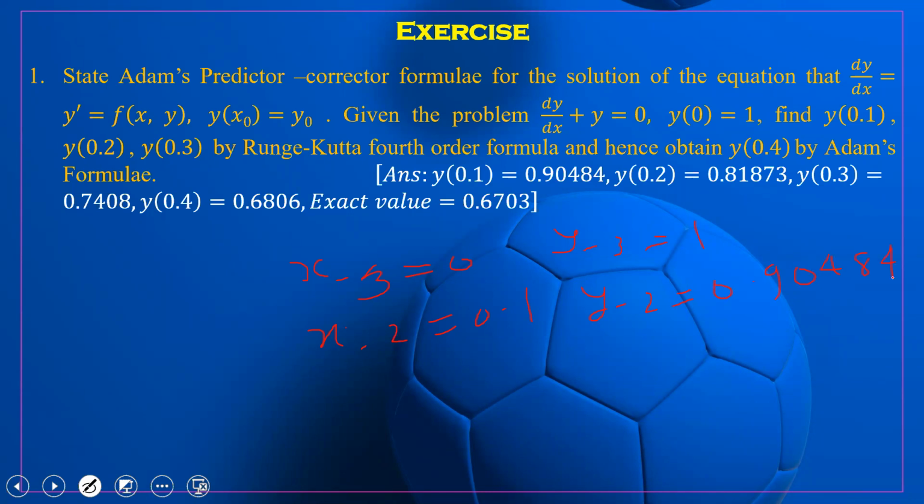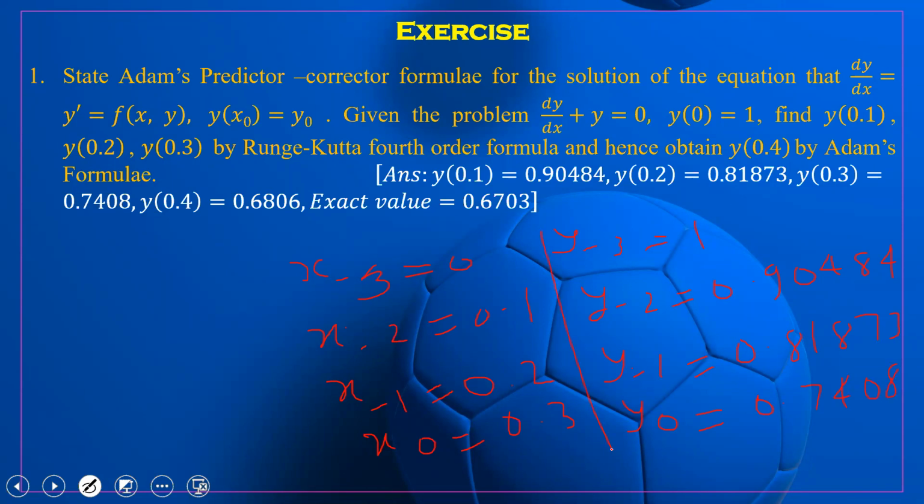Then x_-1 = 0.2, and y_-1 = 0.81873. Correct? x_0 is 0.3, and what is its value? y_0 = 0.7408. So these 4 values are given.